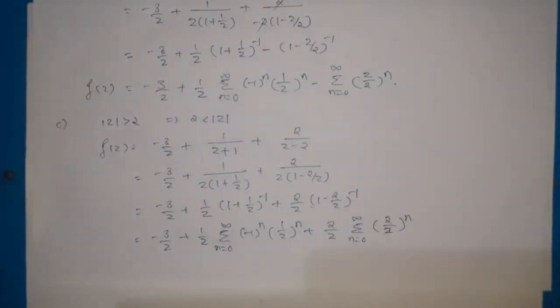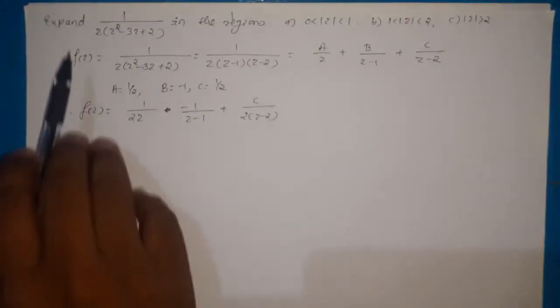So whenever we have 1 minus x whole power minus 1, no need to write that minus 1 whole power n, or if it is of the form 1 plus x whole power minus 1, in that case you should remember that we have to write that minus 1 whole power n.